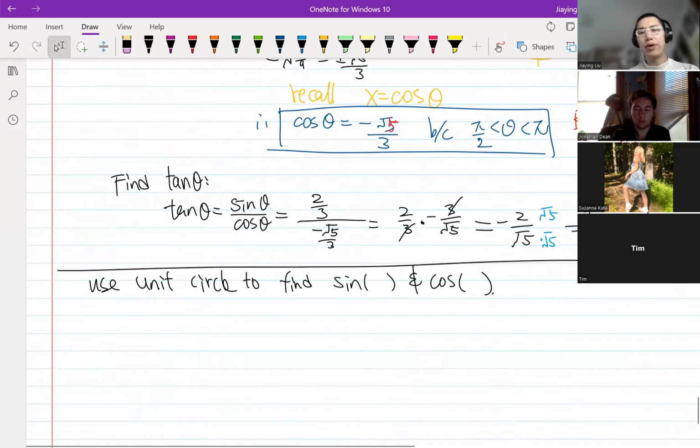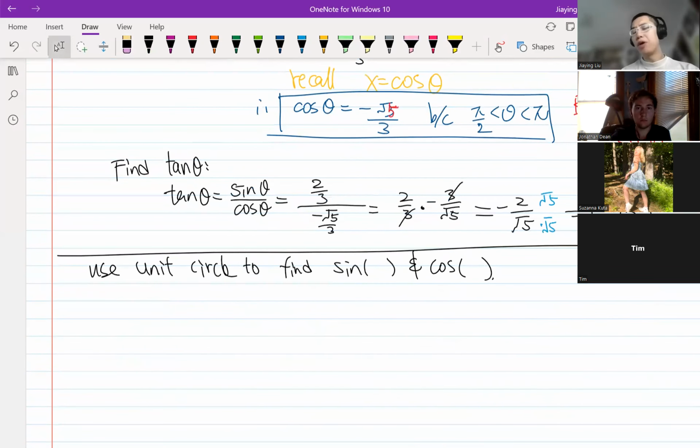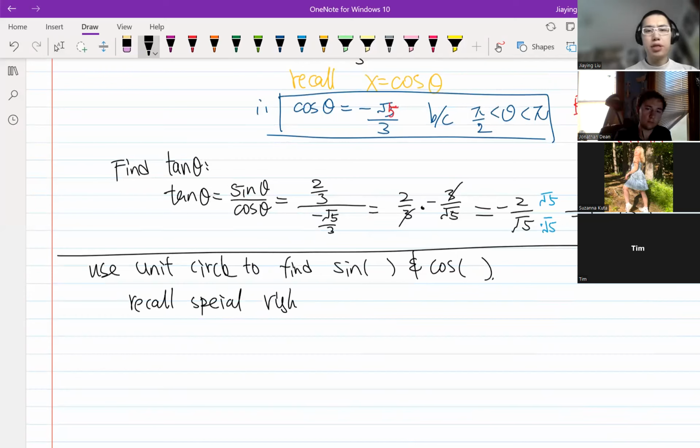But before we do that, you probably all remember from the past some special right triangles. So recall special right triangles. I don't know which version you memorized, but you definitely memorized that. So this is 30, 60, 90 degrees, and 45, 45, 90.